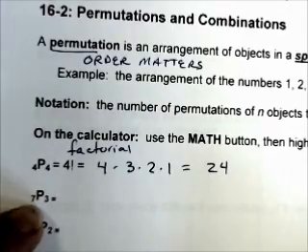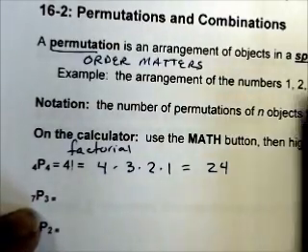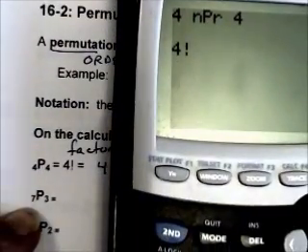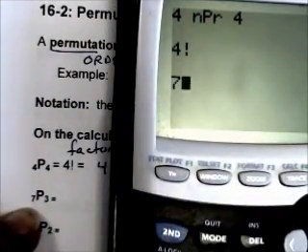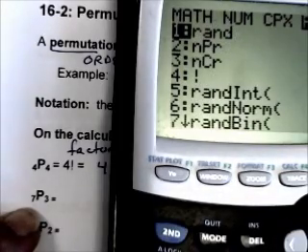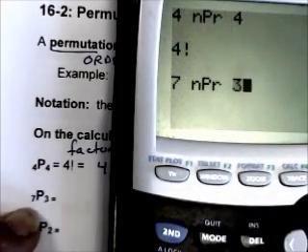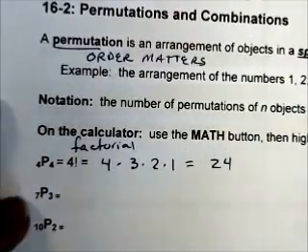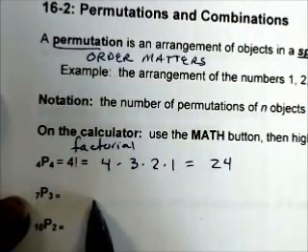7P3, right? If I work it out on the calculator, math, probability, nPr, that's 210. And what this means is we start with... there's another way of working this out by hand.